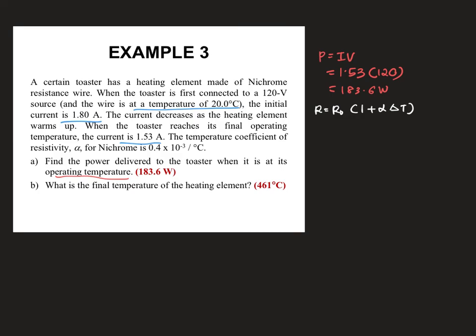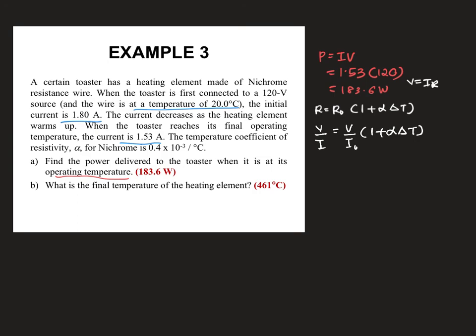They give you voltage and current, so from Ohm's law, V equals IR, which means R is V over I. This is the operating temperature, and this is the reference temperature, V over I naught, times 1 plus alpha change of temperature.